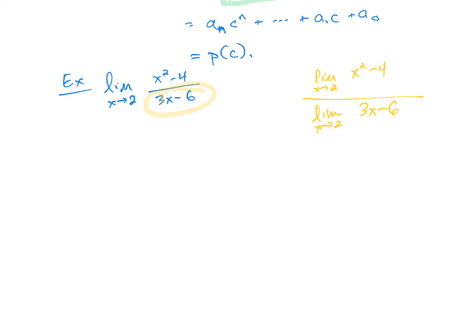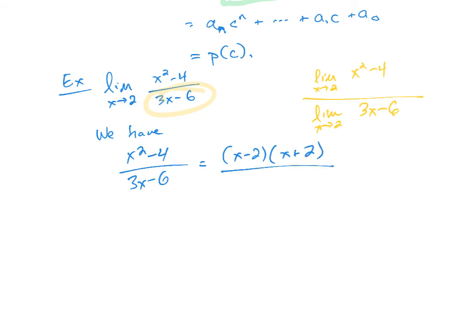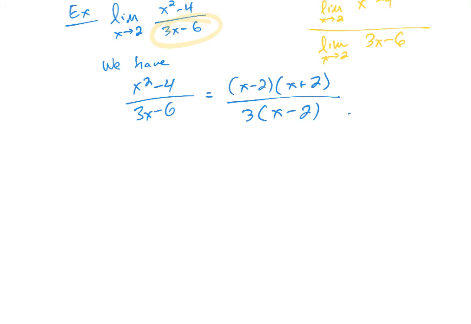Yeah. So what we'll do is we'll say we have our function that we care about is x minus 2 times x plus 2 over 3 times x minus 2. Now, I'm going to write some words above this, but they're not here yet.